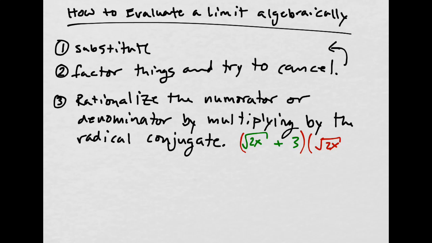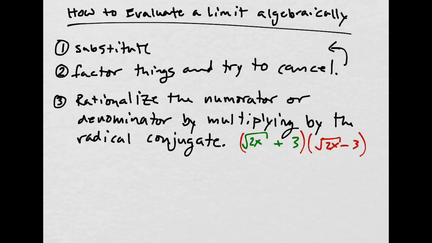Everything's the same except for the minus in the middle. You do that on the top and the bottom. You can rationalize the numerator or the denominator. It doesn't matter. You can do either of those.